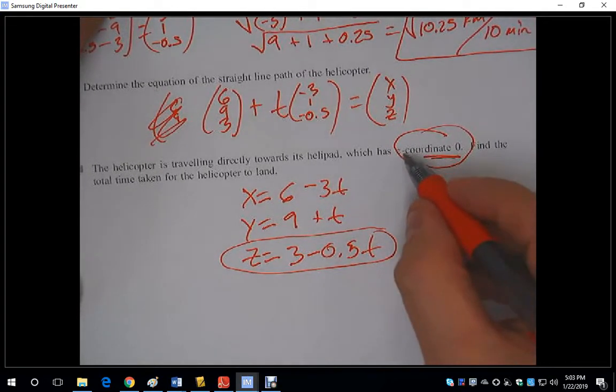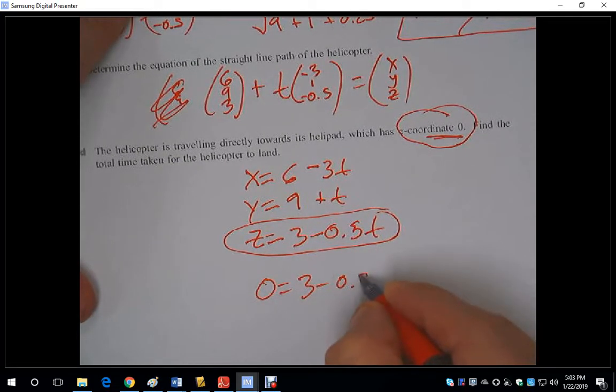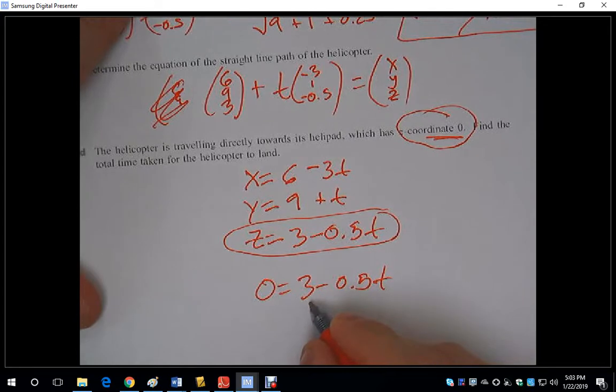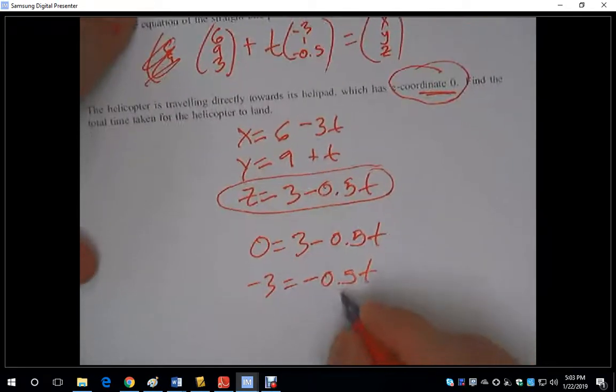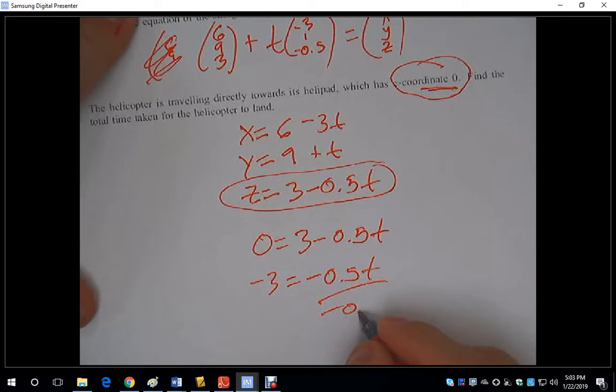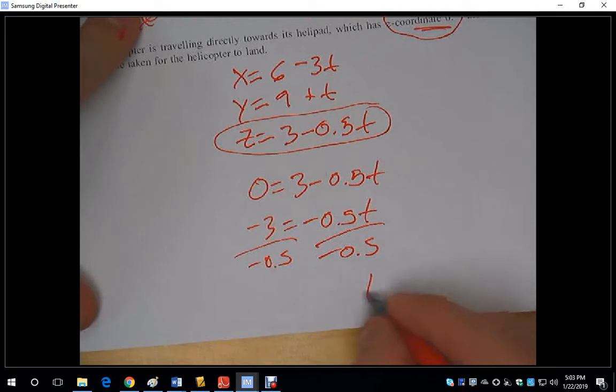So let's make z 0. So I have 0 equals 3 minus 0.5t. Subtract 3 from both sides, that gives me -3 equals -0.5t. Divide both sides by -0.5, and that's going to give me that t equals 6.